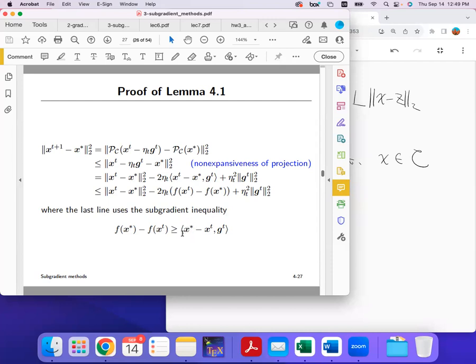And here we specify z to be x star. So we will have this inequality by subgradient, and this allows us to bound this inner product in terms of the function value gap. And this gives the desired result.